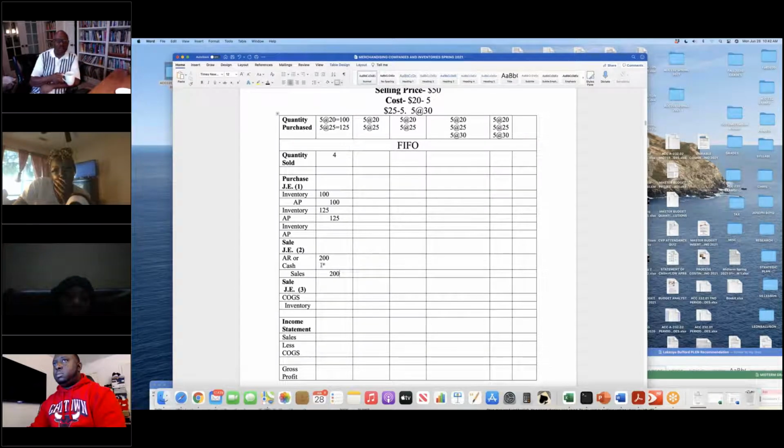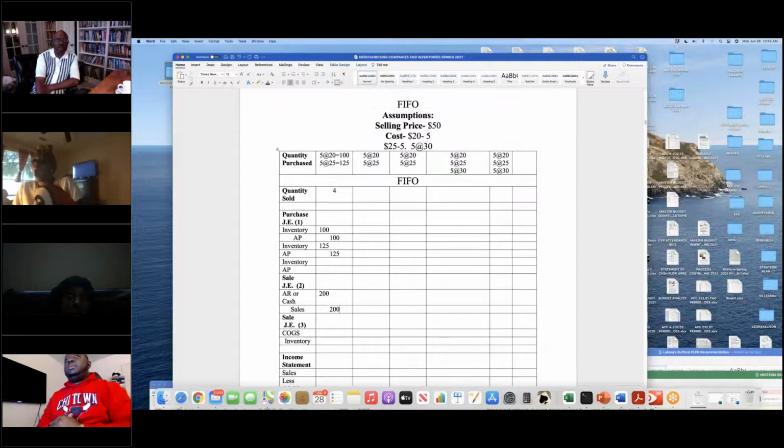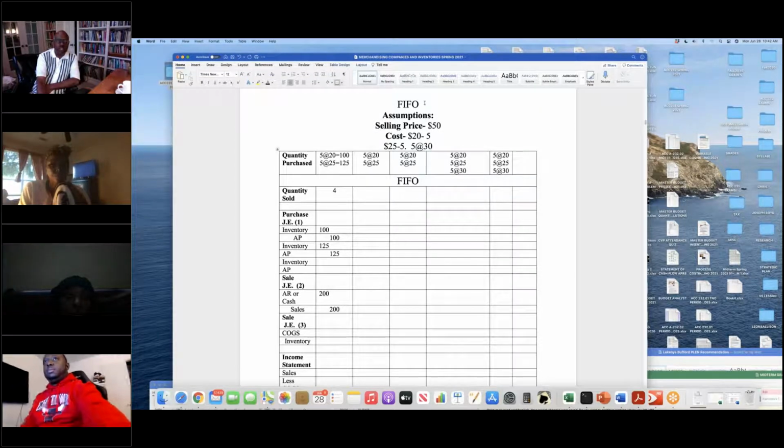Well, you only sold 4 pairs. Oh, true. Would it be 90? Or no? Let's see. Well, let's make an assumption, which is called FIFO here, where we assume that we sell the old shoes first.